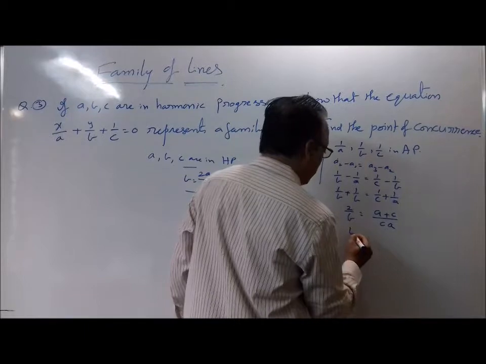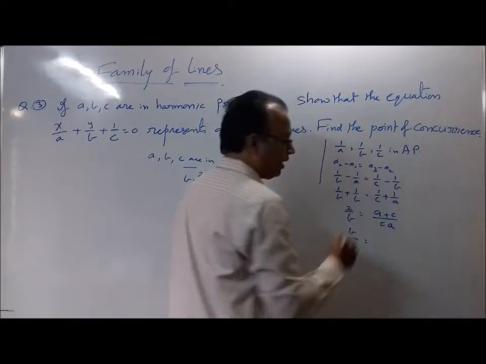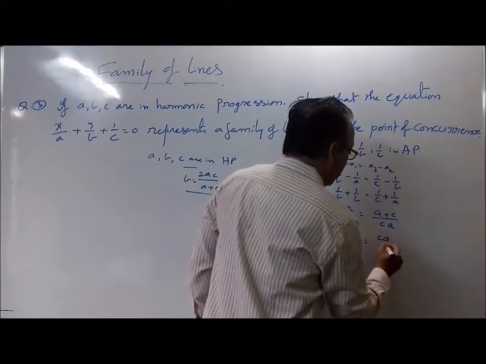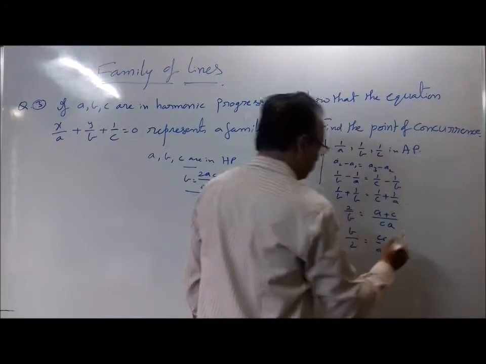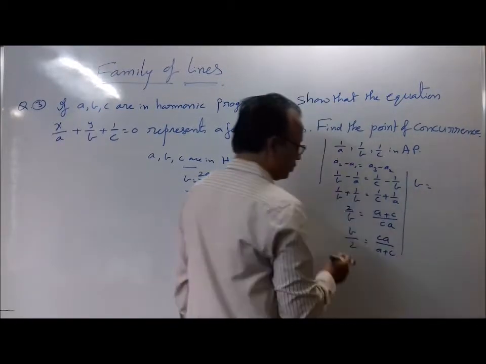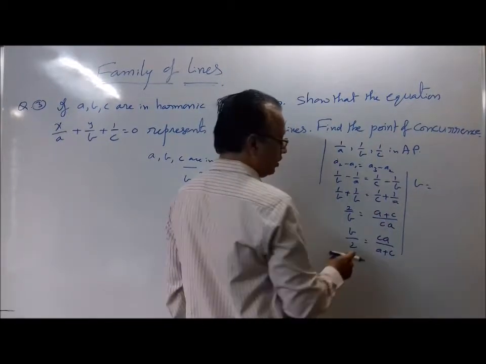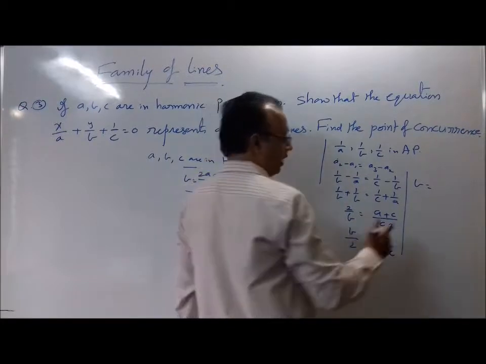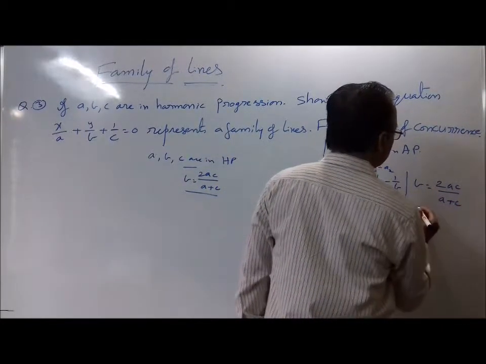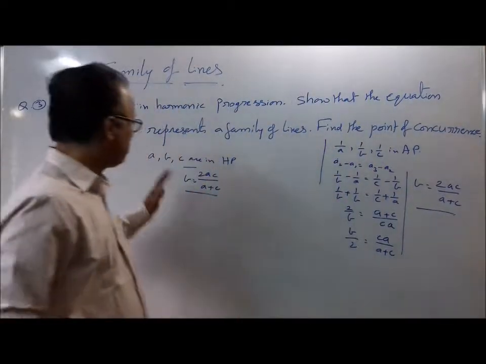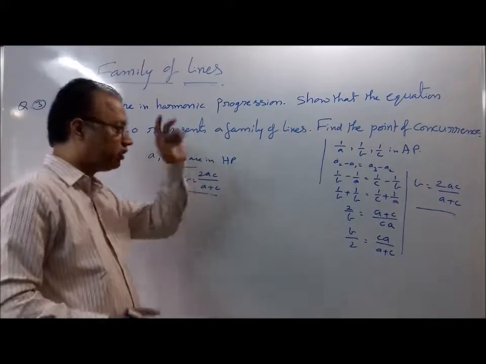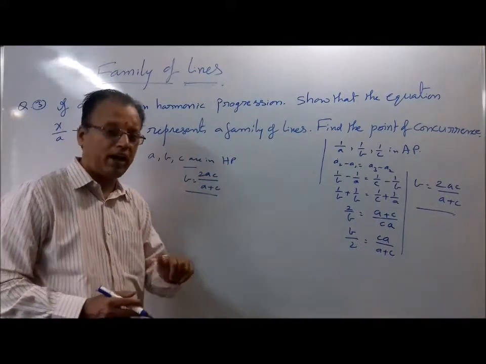I want B, so reciprocal there: B by 2 is CA by A plus C. So 2 goes to the right side, dividing 2 becomes multiply: 2AC by A plus C.